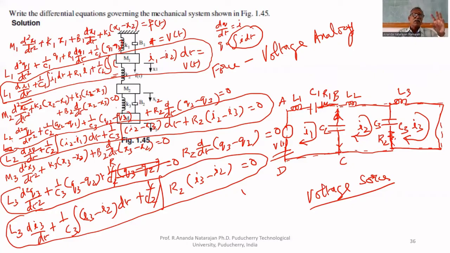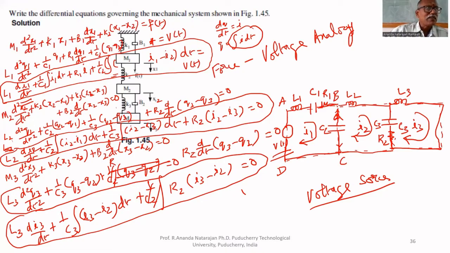When can we say a voltage source is an ideal voltage source? Suppose I have a 5 volt ideal voltage source, it means I can take any amount of current from that voltage source. Its voltage remains 5 volt. Then it is called an ideal voltage source of 5 volt.